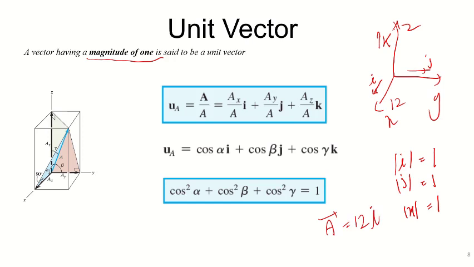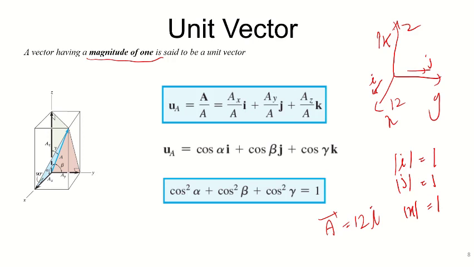So if we know the magnitude and we know the unit vector in that direction, we can express the vector using the unit vector.